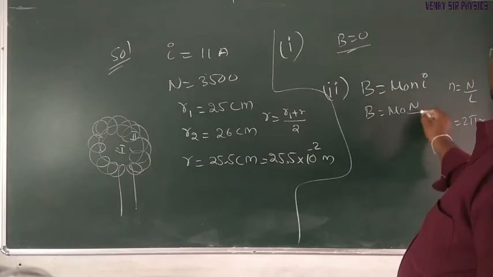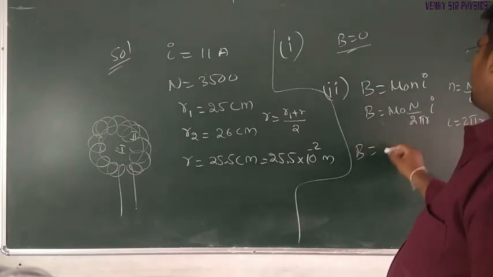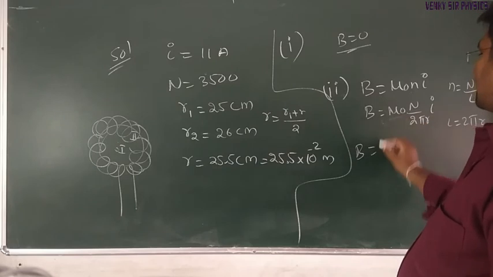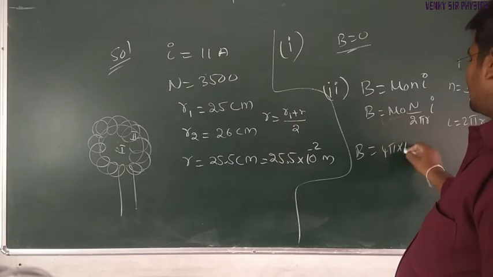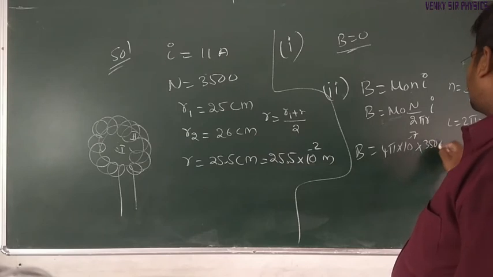So n is N divided by 2 pi r, into I. We can substitute values. Mu naught is a constant, 4 pi into 10 power minus 7, into number of turns 3500 divided by 2 pi r.